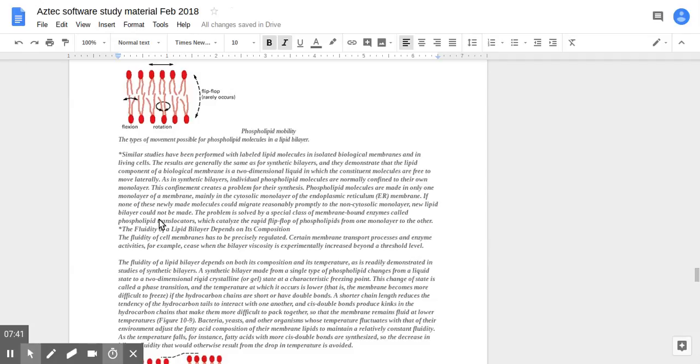So the problem is solved by a special class of membrane-bound enzymes called the phospholipid translocators, which catalyze the rapid flip-flop of phospholipids from one monolayer to the other.